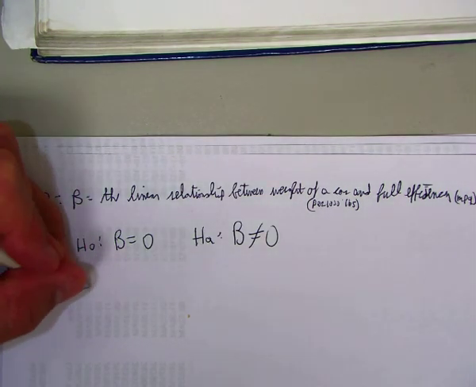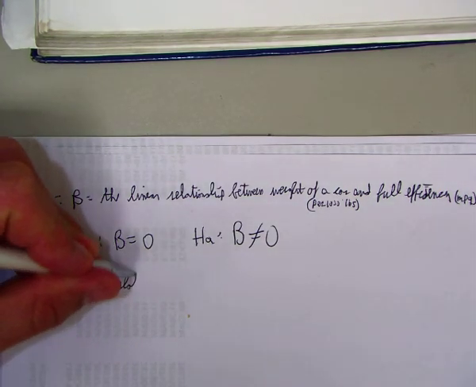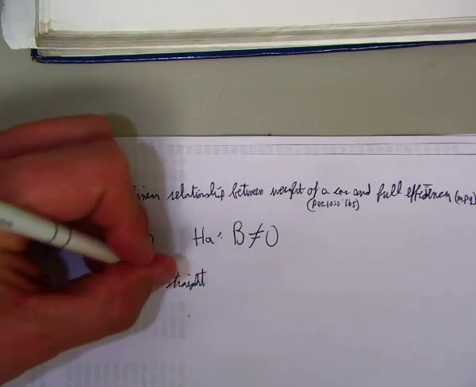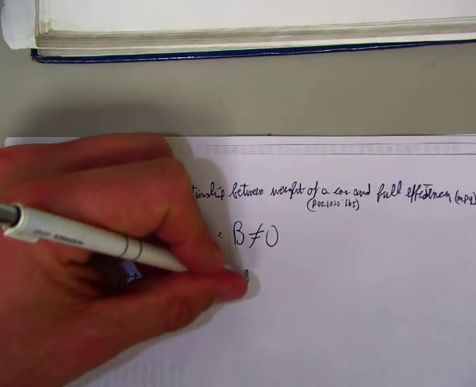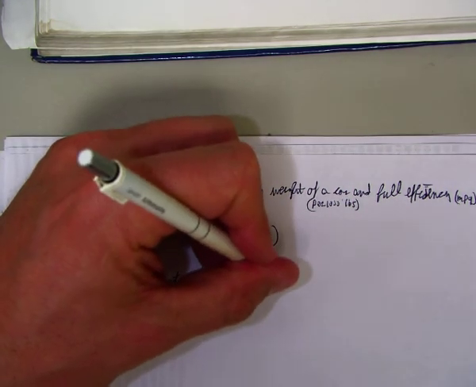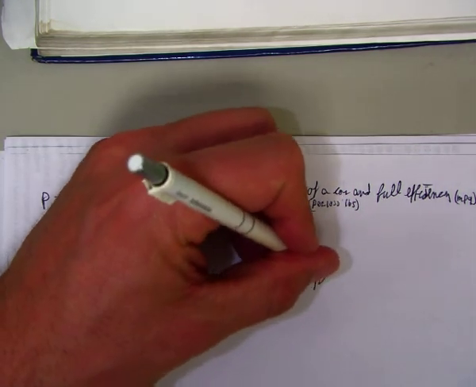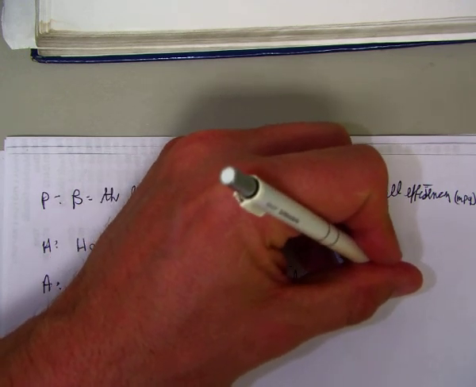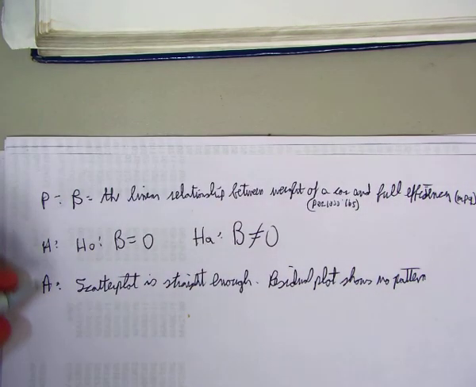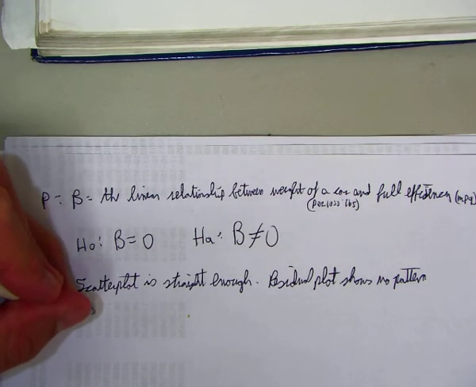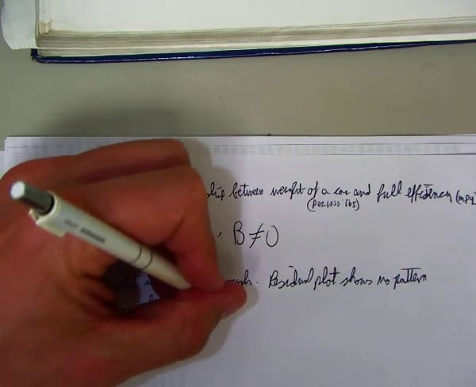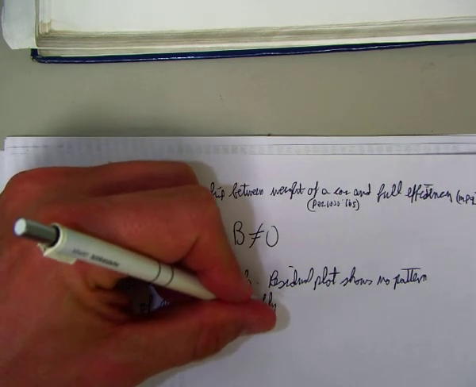So the scatter plot is straight enough. The residual plot shows no pattern. The histogram of the residuals is roughly unimodal and symmetric.